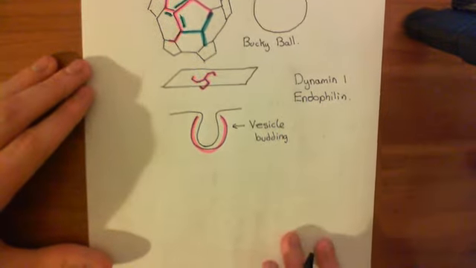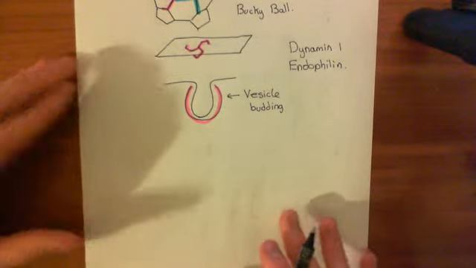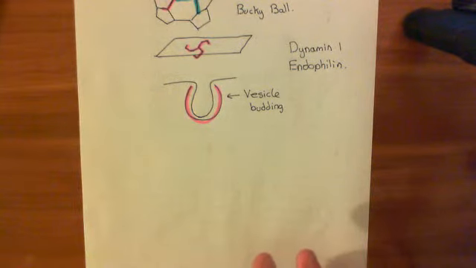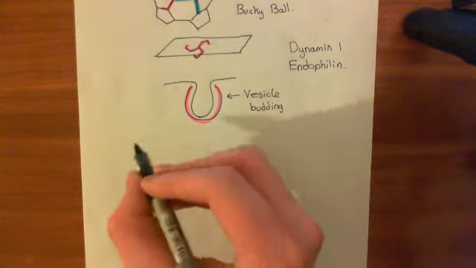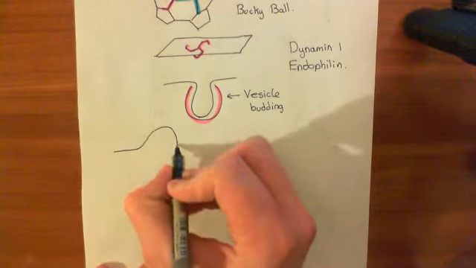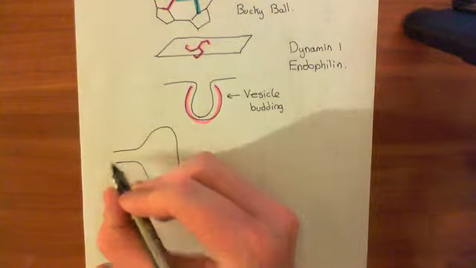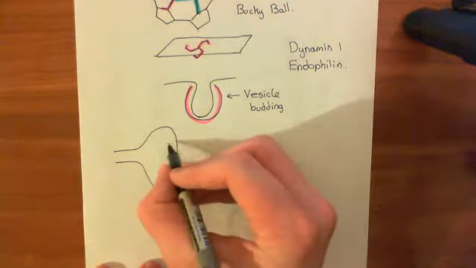Now, this harks back to what I said right at the beginning of all of these videos on endocytosis. In the first video, on endocytic motifs, I said that endocytosis was dependent upon calcium level. So let me draw an axon terminal here. We know that the exocytosis process is dependent on calcium.